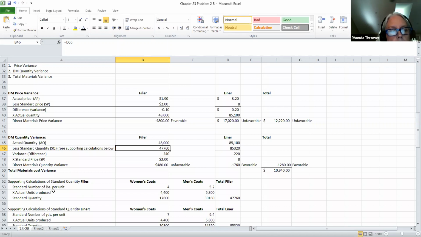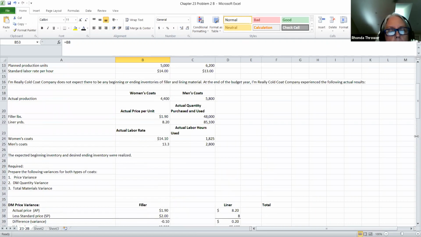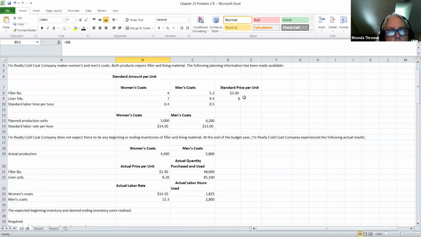What we need to do is take the standard number of pounds it's going to take to produce 1 unit of women's coats. Women's coats takes 4 pounds of filler.